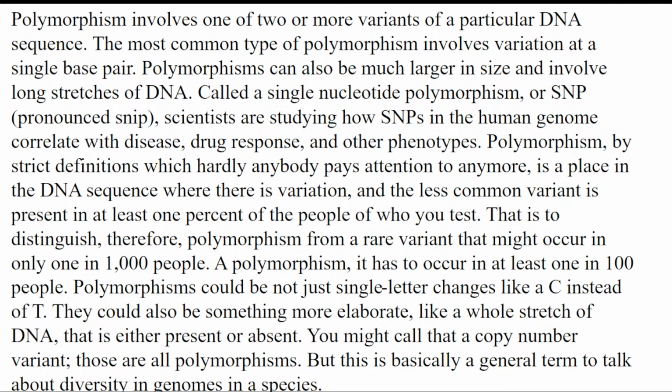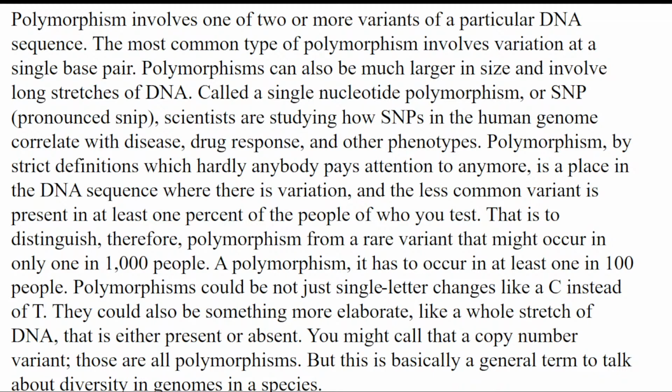Polymorphism, by strict definition, which hardly anybody pays attention to anymore, is a place in the DNA sequence where there is variation and the less common variant is present in at least 1% of people who you test. That is to distinguish polymorphism from a rare variant that might occur only in 1 in 1,000 people. A polymorphism has to occur in at least 1 in 100 people.